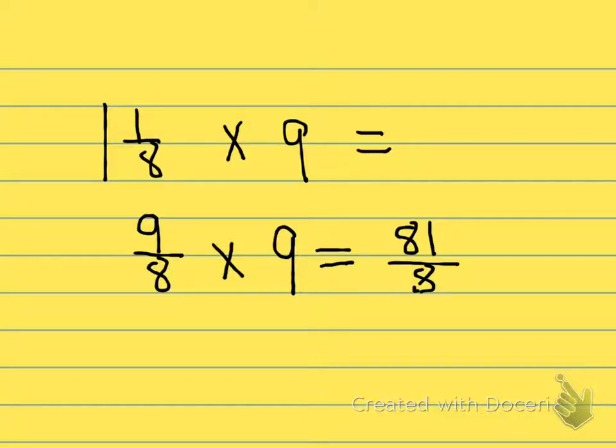I think I'm going to have to take 81/8, which is a fraction greater than 1 whole. It's an improper fraction, and I'm going to need to rename that into a mixed number. So I know that there are 10 8s in 81 with 1/8 left over.